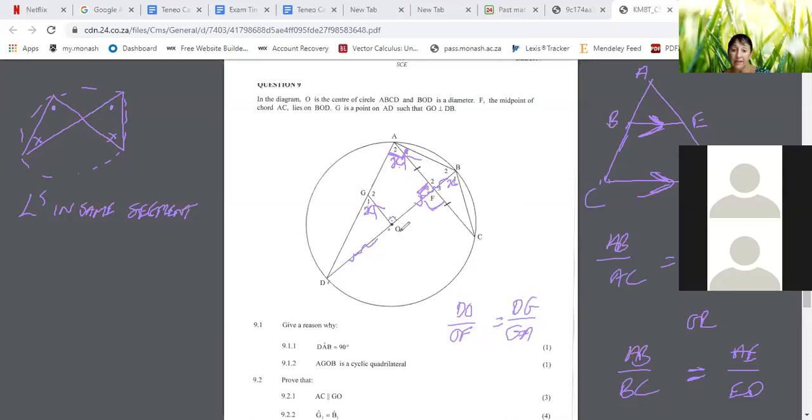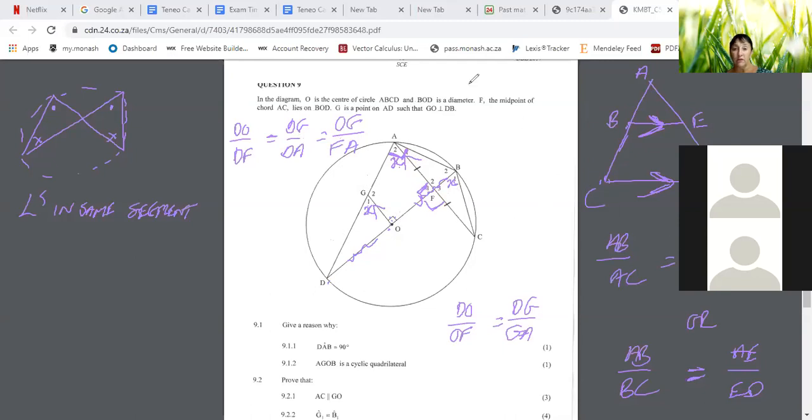Or you have DO over DF, small over big, equals DG over DA, equals small over big, the same as this scenario, OG over FA. So we have one of those two, and there's a good chance that we might have to use it.